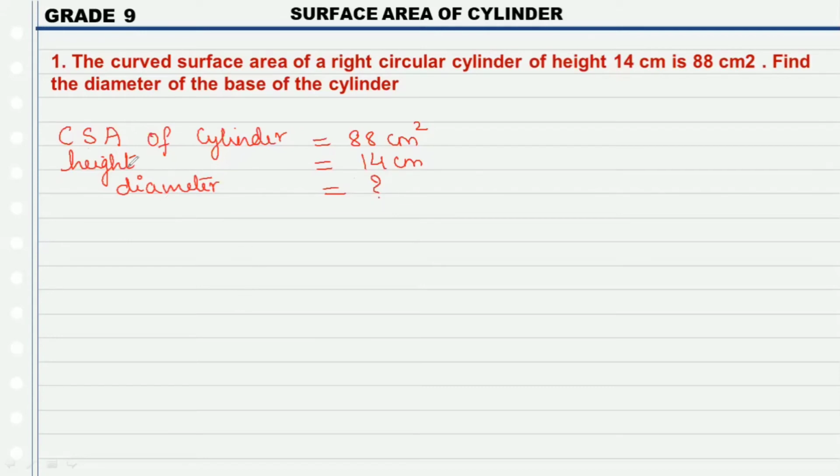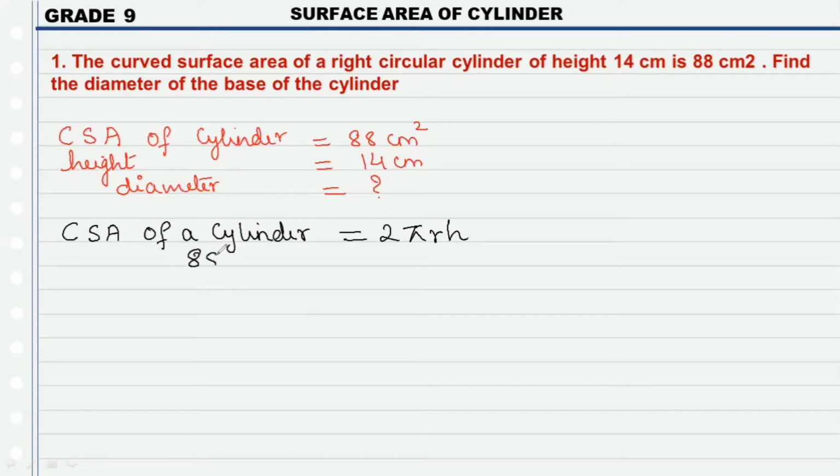Okay, now here as CSA is given to us, let's take the formula of the same, that is CSA of cylinder is equals to 2 pi r h, isn't it? Substitute the value here.